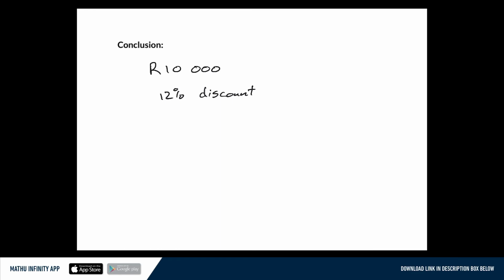We did that in the previous one, so we know that 12% is equal to 1,200. And because it's a discount, we're going to say 10,000 Rand minus 1,200 Rand, and that gives us 8,800 Rand. Okay, and that would be how much he would sell his bicycle for with the discount.